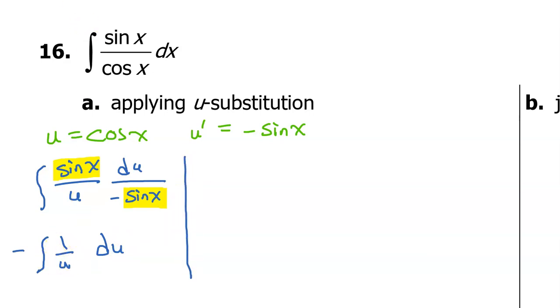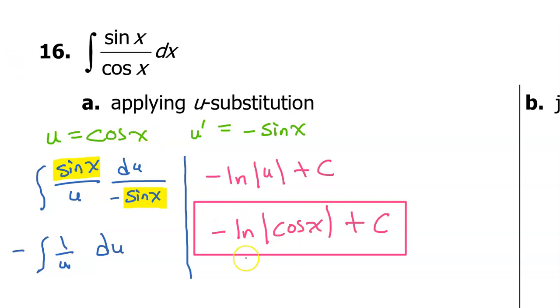We know that the integral of 1 over u du is the natural log of the absolute value of u plus c. Don't forget the negative out in the front. So I have negative natural log absolute value of u plus c. And of course, u is actually cosine x. So here is the final answer.